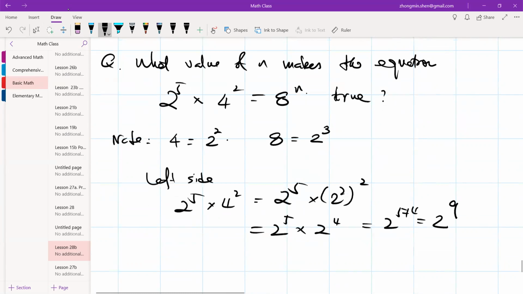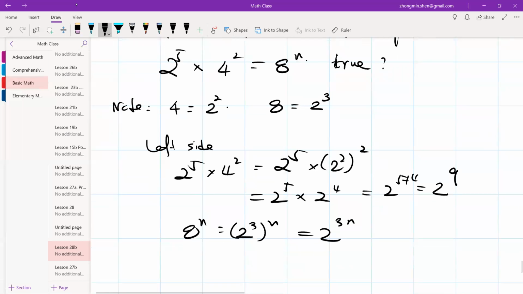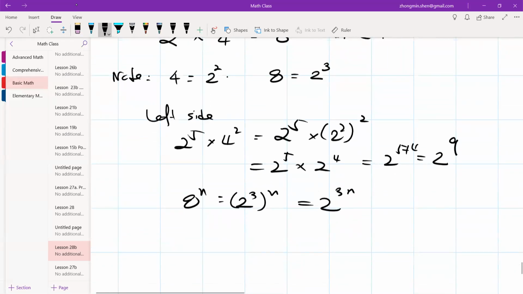Okay? And 8 to the n is going to be 2 cubed to the power n. So it's going to be 2 to the 3n. Okay, then you compare both sides. So 3n equals 9. So n equals 3. Okay, n equals 3.